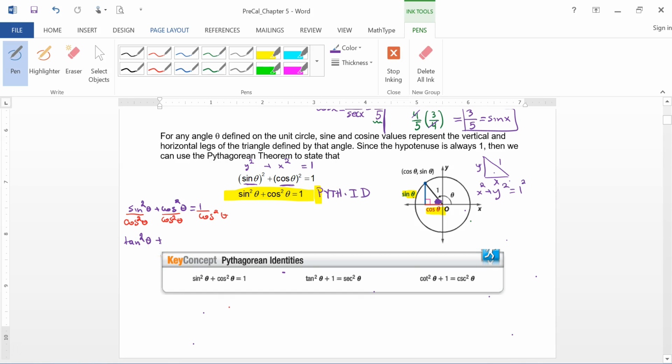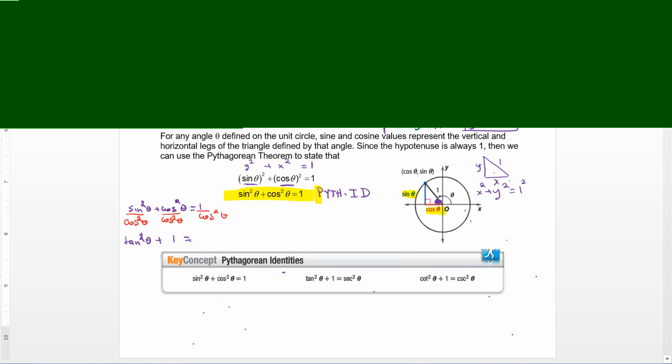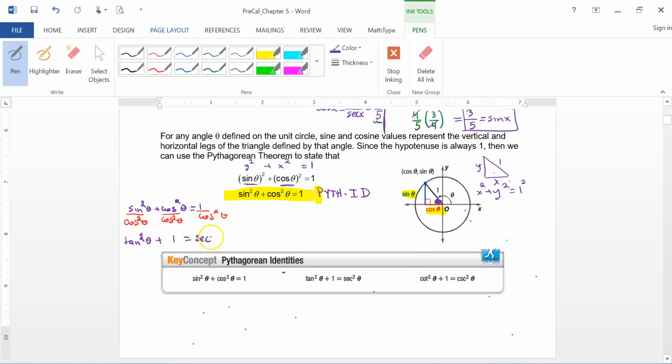Plus cosine squared over cosine squared is 1 equals, what's 1 over cosine squared? Secant squared theta. When you do that, you get the second Pythagorean identity, this one. So all I did is take the first one and divide it through by cosine squared.